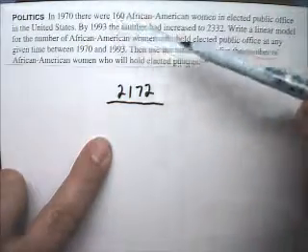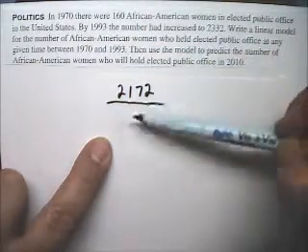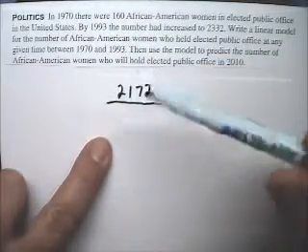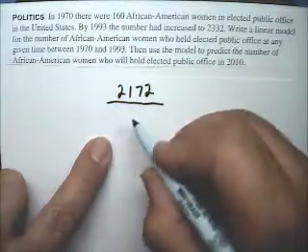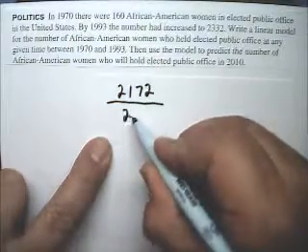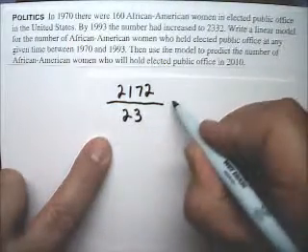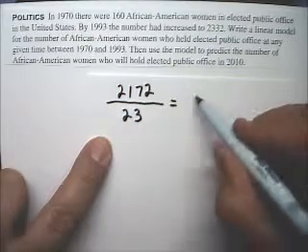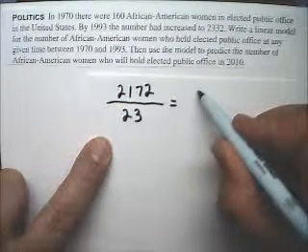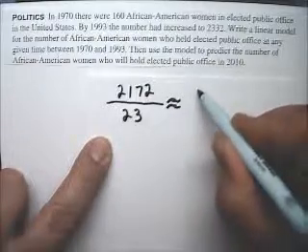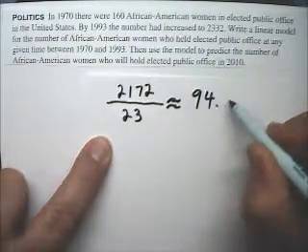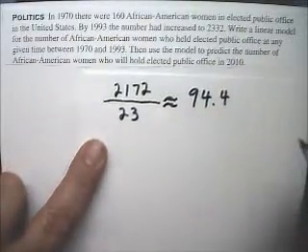It's positive because it went up. And in the bottom, we need the difference in the number of years. And from 1970 to 1993, that's a difference of 23 years. And when we do this division, we get approximately 94.4. And that's going to be our slope.